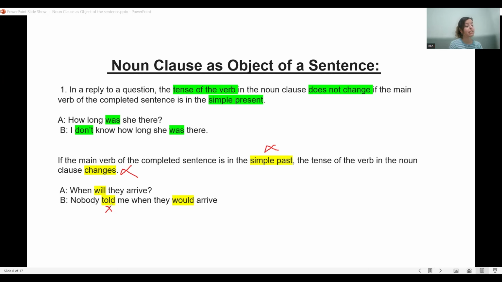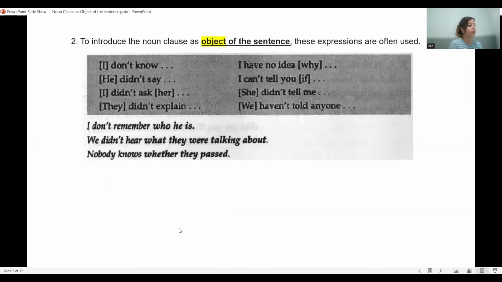Nobody told me when they would arrive. And here I need a full stop. Why? Because nobody told me starts like a sentence. And these phrases introduce a noun clause.